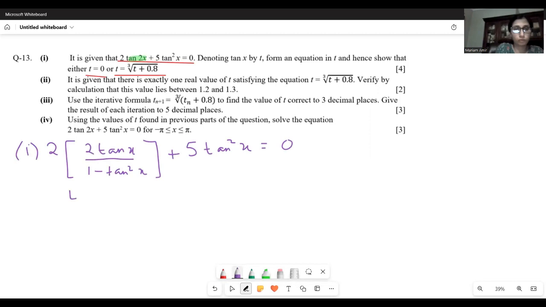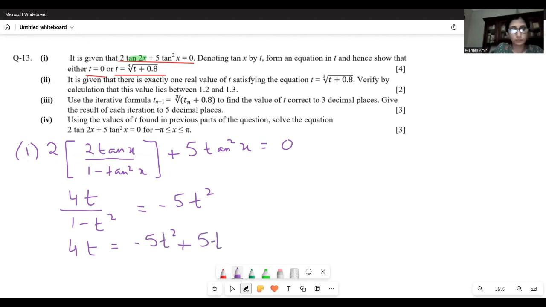So we have 4t upon 1 minus t square equals minus 5t square. Cross multiply: 4t equals minus 5t square plus 5t power 4. So we have 5t power 4 minus 5t square minus 4t equals 0.